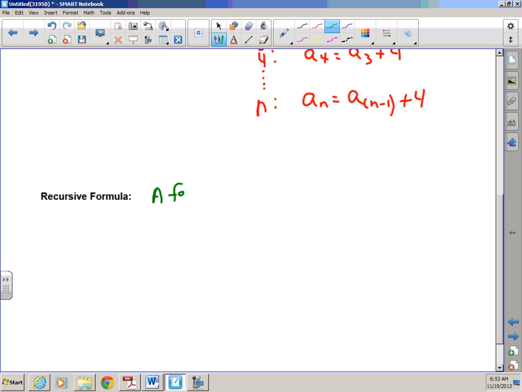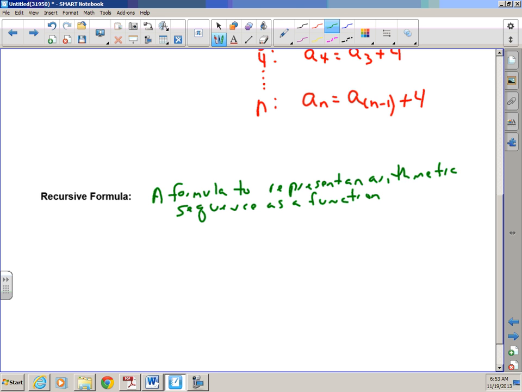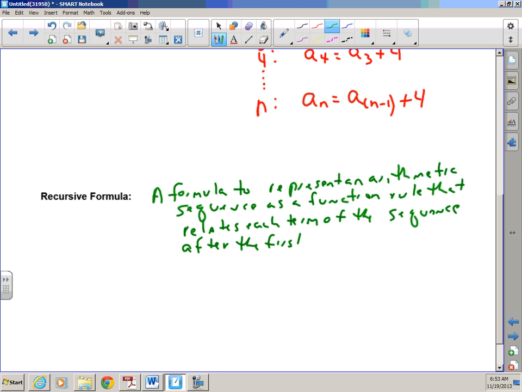It's a formula to represent an arithmetic sequence as a function rule that relates each term of the sequence that's after the first term to the ones before it.